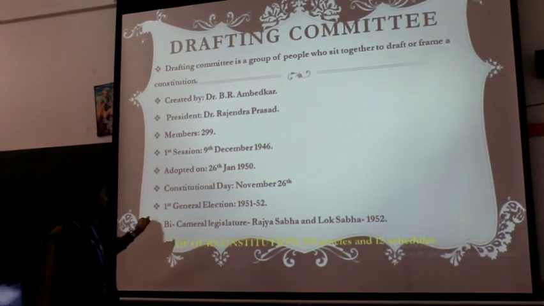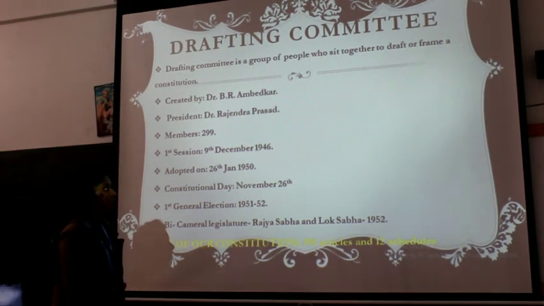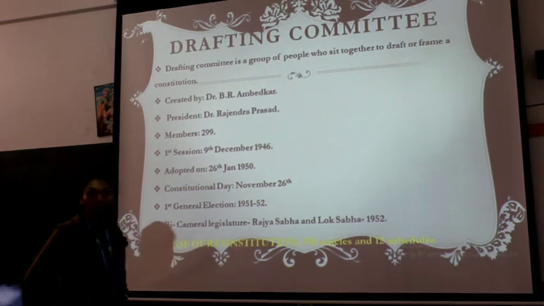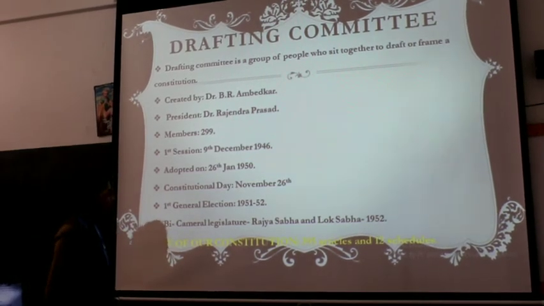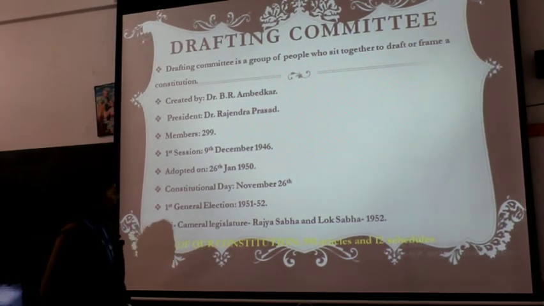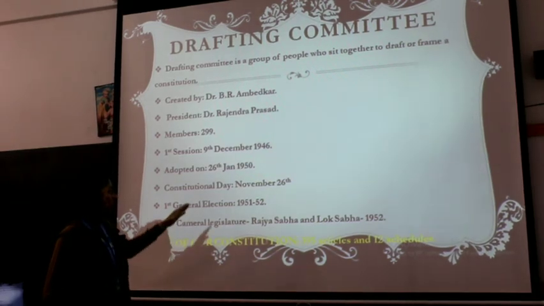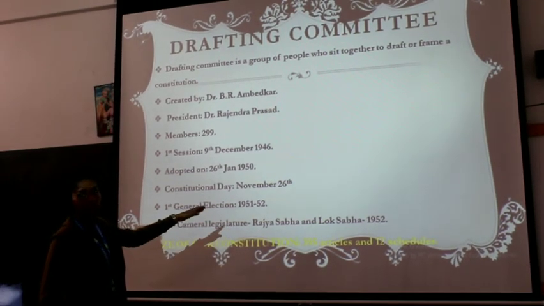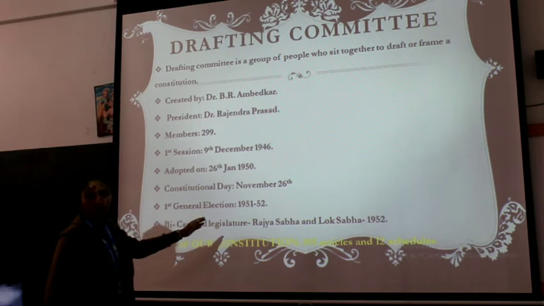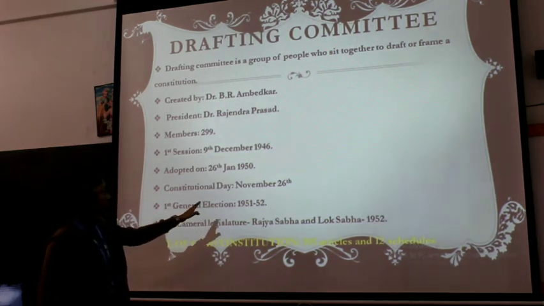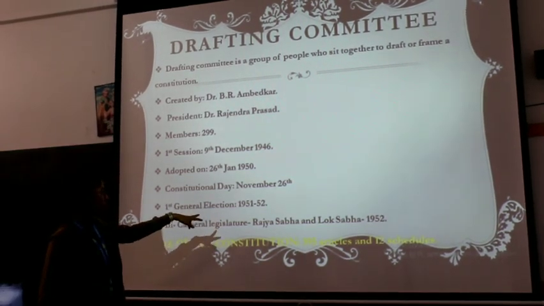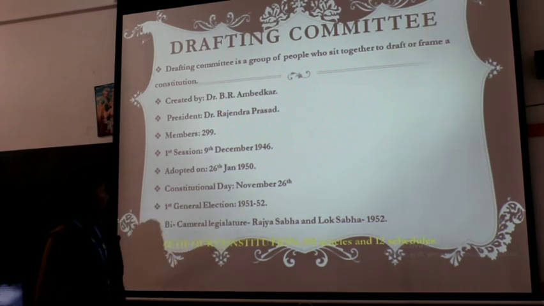Now after that is the first general election. So after the constitution was framed, an election had to take place, correct? The first election took place in the year 1951 to 52. We know that in 1947 we got our independence, so the first election took place after about 5 years. 1951 and 52.